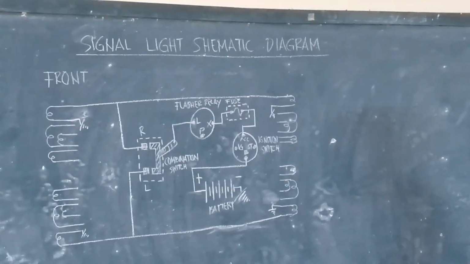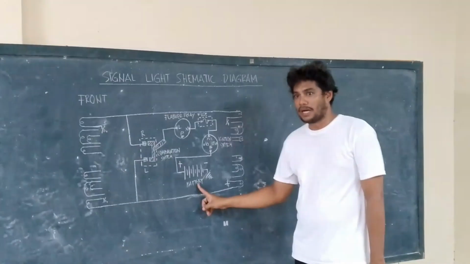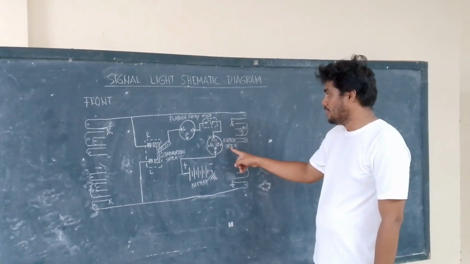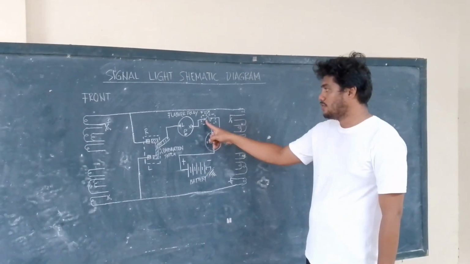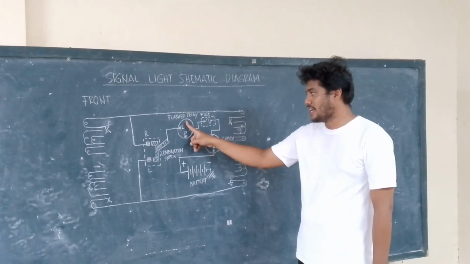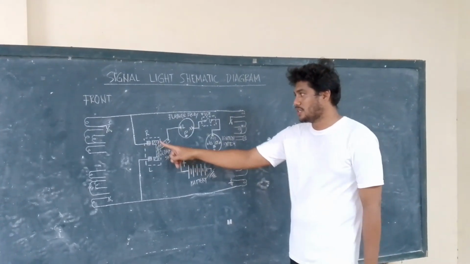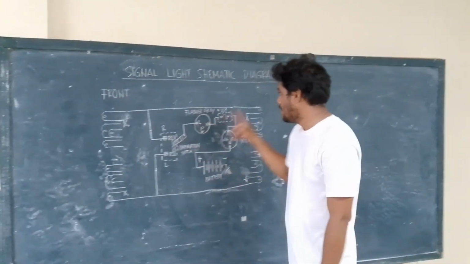First we have the automotive battery, the ignition switch, the fuse, the flasher relay, the combination switch, and our signal light.